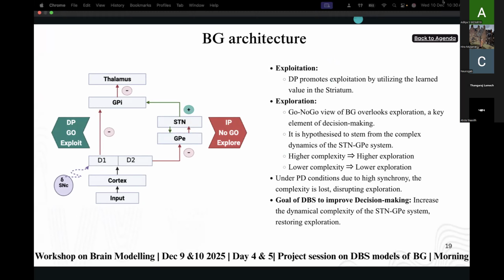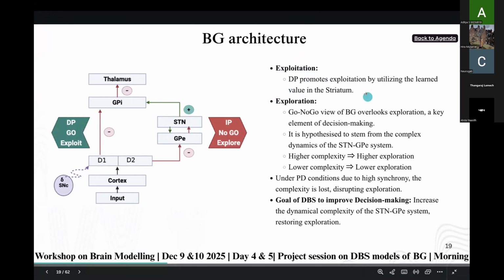That is, if you want to understand exploitation, the direct pathway is very good at, or promotes, exploitation. Now, for even doing exploitation, I need to estimate value. If I know the recent returns, then only I can estimate the value, right? That value gets computed at D1 striatum. In general, that is where the value gets computed, and the direct pathway promotes exploitation based on that value.